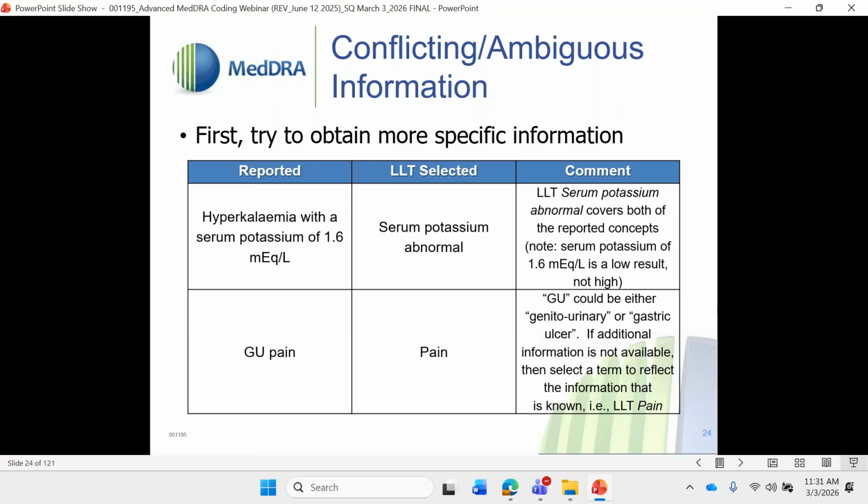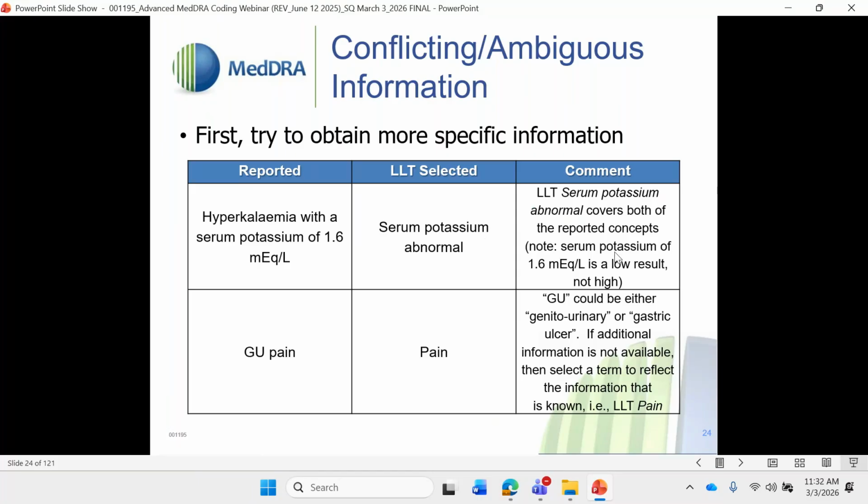So in that scenario, when you have conflicting or unclear information and you're not able to get any additional information with a query, the preferred option, or the advice, is to code the term serum potassium abnormal. And why do we do that?